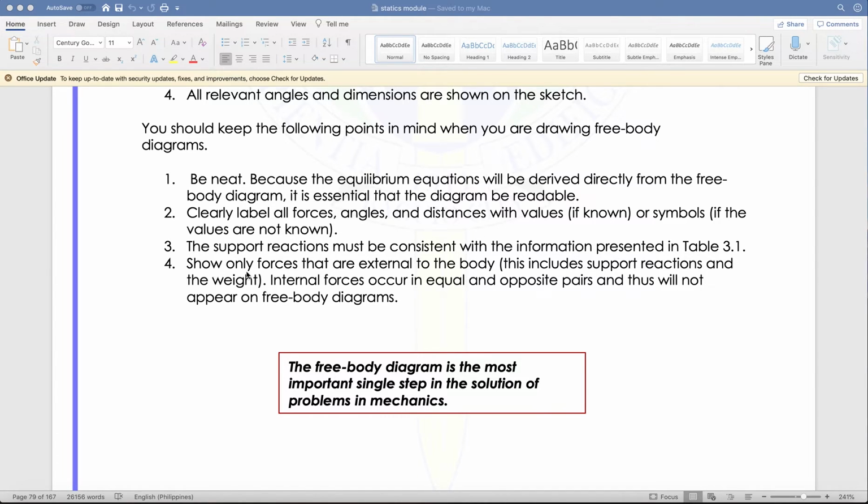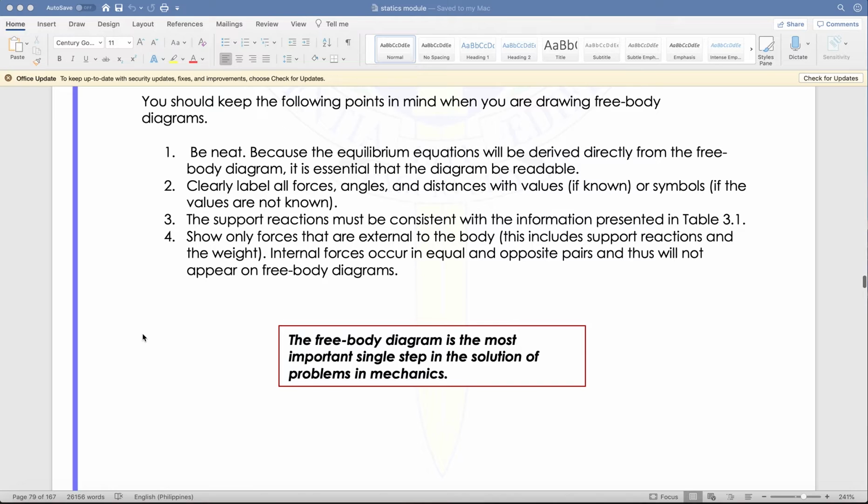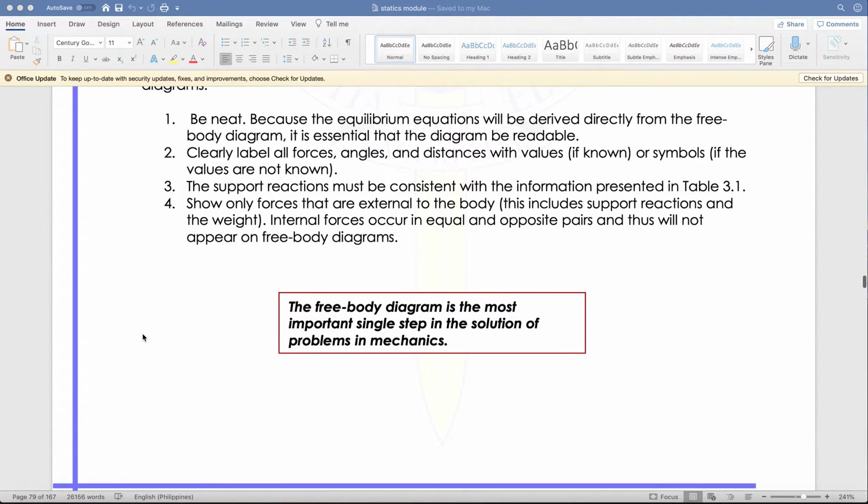And number four, show only forces that are external to the body. Internal forces will be in equal and opposite pairs and thus will not appear in the free body diagram. Internal forces will be dealt with in mechanics of deformable bodies, and that is the next subject after statics.